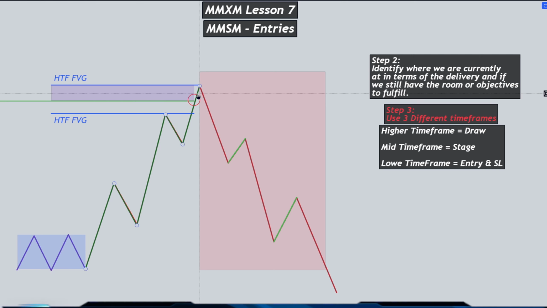Remember, every fair value gap has the equilibrium or consequent encroachment level, the midpoint, the lower portion which is the discount end of the fair value gap, and the upper portion which is the premium end. So it will reach for the premium end and you can look for an entry above the high as your turtle soup entry. Stop loss has to be above your higher time frame fair value gap.